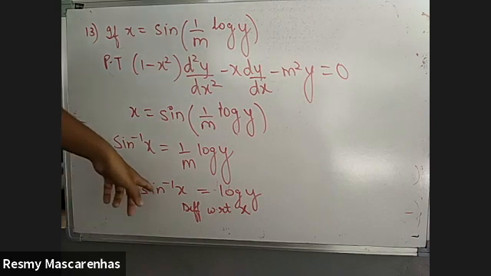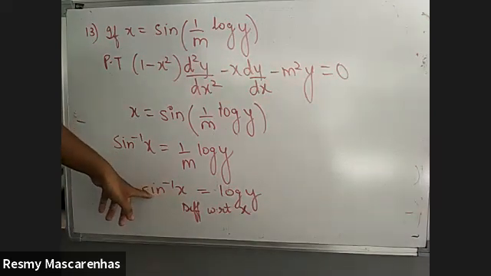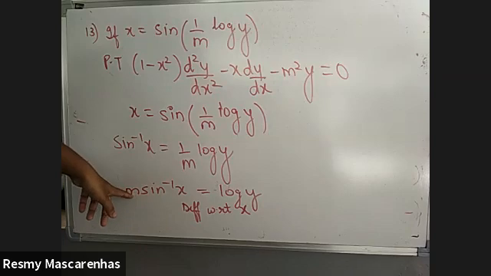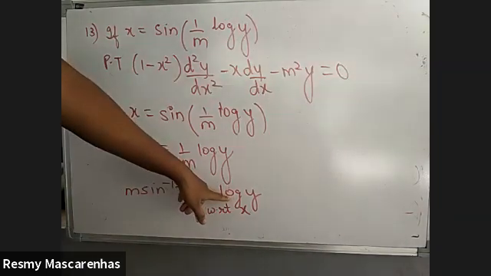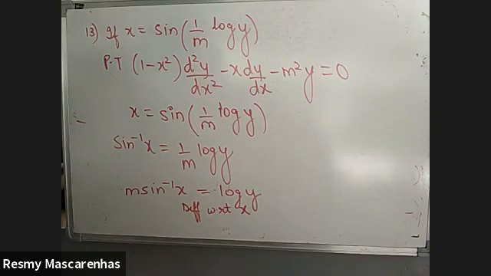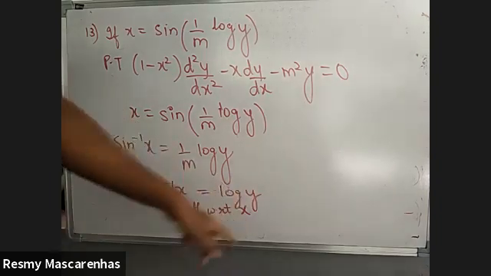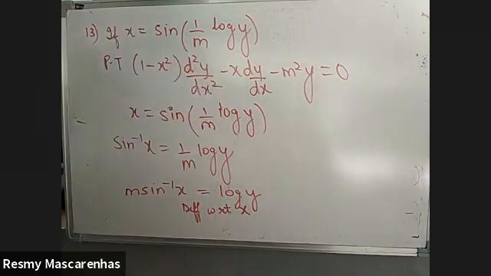Find the derivative of sine inverse x. M will remain m, and the derivative of sine inverse x is 1 upon root of 1 minus x square. Then take the derivative of log y. Derivative of log y will be 1 upon y into derivative of y. You can write it as y1 or dy by dx also, but I'll follow y1 only.